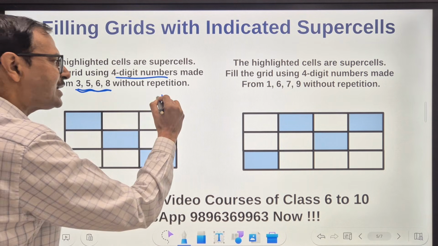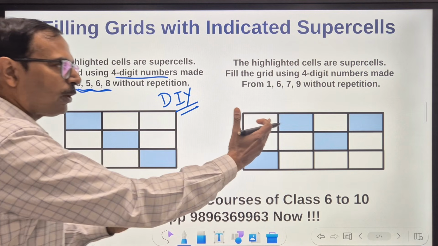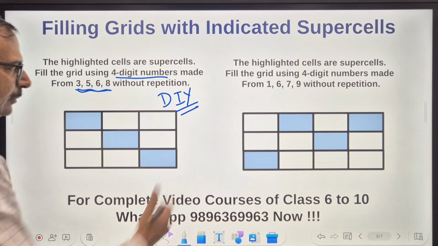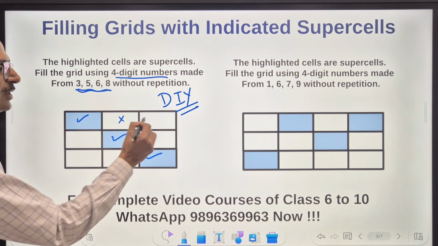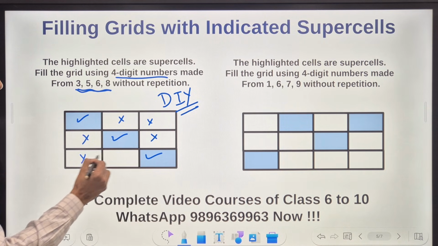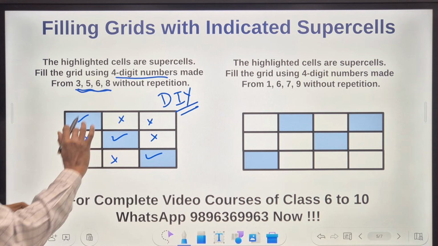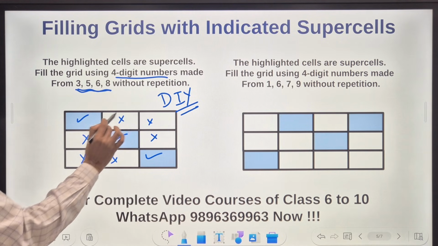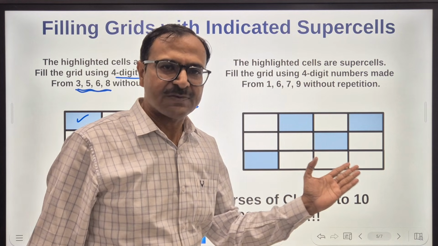So I will give this question as a DIY for you so that you can also practice. I will do more complicated ones here in this one. Try to get these three as supercells and all these numbers formed from the digits 3, 5, 6, 8, all of them have to be 4-digit numbers and they should not be supercells. Try this. In the meanwhile, let's try this first.